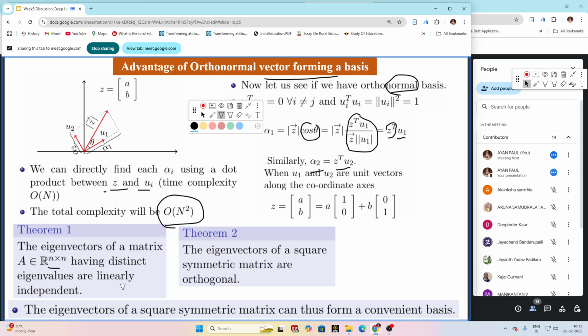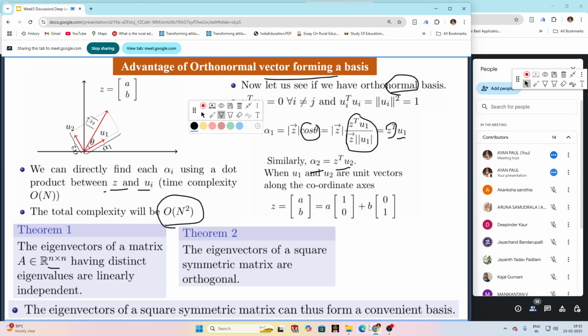But whenever we have orthogonal or orthonormal vectors, our time complexity reduces to O(n) square. Now what we have seen is eigenvectors are linearly independent, that is the first thing. Eigenvectors are also orthogonal. So by these two things we can easily summarize that eigenvectors of a square symmetric matrix can form a convenient basis.